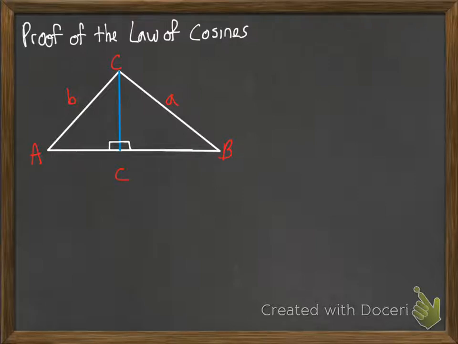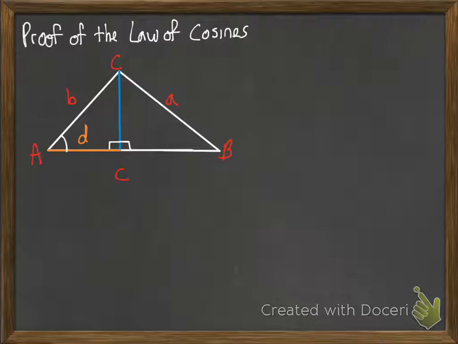Now the first thing we need to do is express everything as far as sides as much as possible in terms of angle A, because angle A is the angle opposite side A. So we begin by looking at this side D right here, which I've highlighted in orange. D is one of the legs of this triangle with angle A. Now what do we know about D?